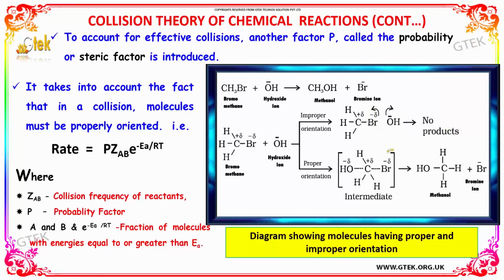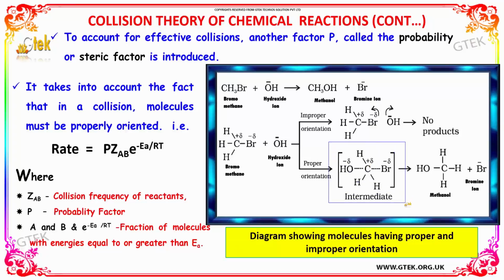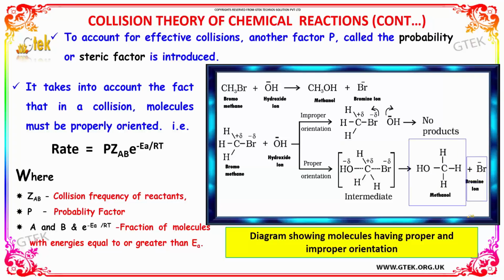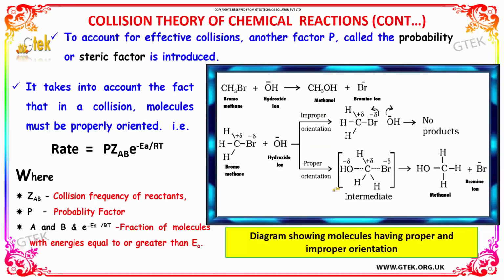So there won't be any product. But over here you got an intermediate bonding of this one. You're able to see this OH is here, and it forms methanol and bromide ion. So orientation is really an important factor.